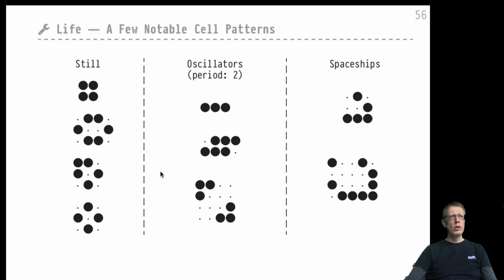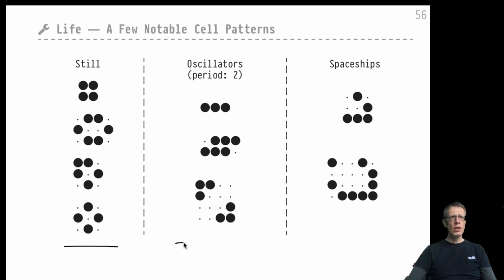These are notable because some of these patterns of cells, where a black circle indicates a cell that is alive and a small dot indicates a cell that is dead currently, reproduce from generation to generation and are stable. If we do not influence these patterns from the outside, they will just continue to exist until eternity.